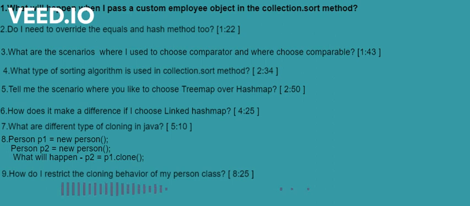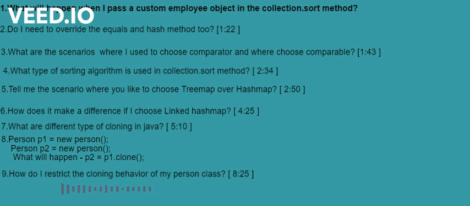Okay. And what are the scenarios where I would choose comparator and where I would choose comparable? If we are allowed to make changes in the original class, then we can go for comparable, and also if the sorting is required on the default case, like on ID.